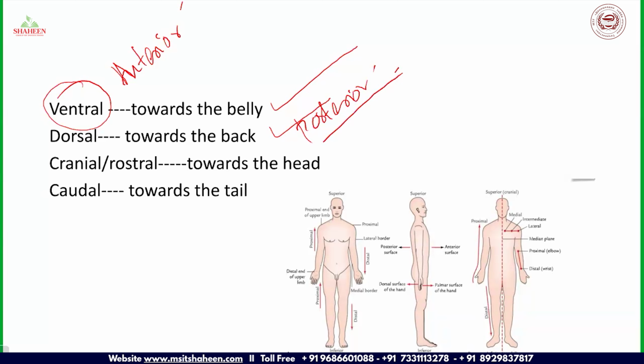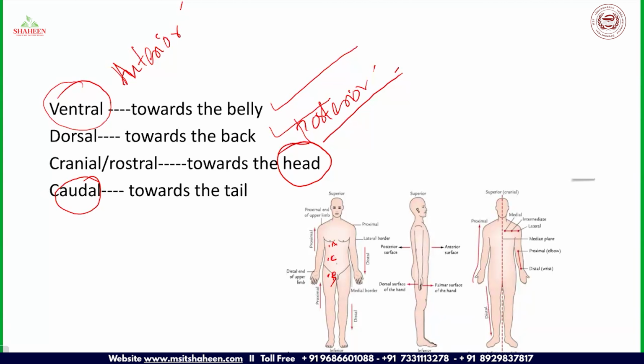And cranial and caudal. Any point towards the head, you call it cranial, and any point towards the tail or towards the lower limb is known as the caudal end. So for example, you have points A, C, and B. Then you can say that A is cranial to the point C and B is caudal to the point C. You got it?